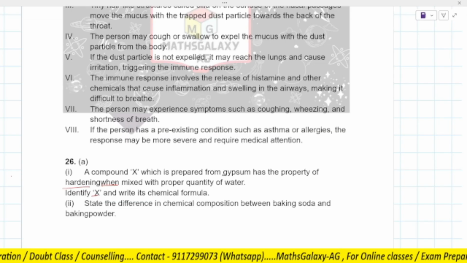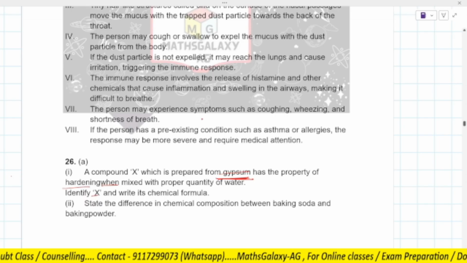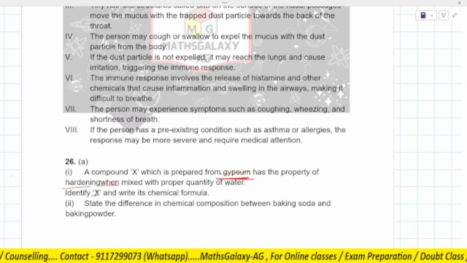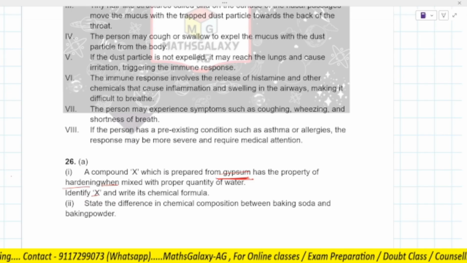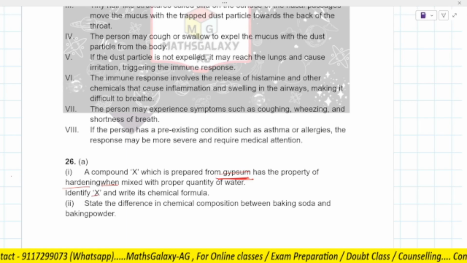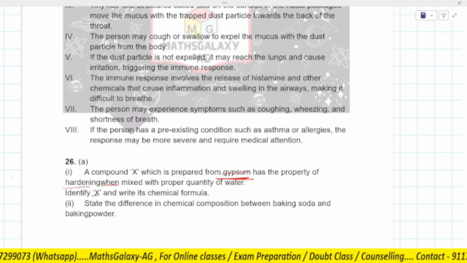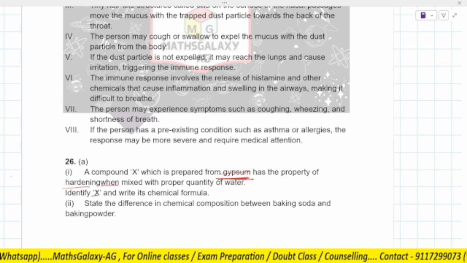Because it's from the gypsum, na? So from here we can take the hints, right? And its chemical formula is CaSO4, very good, dot half H2O.